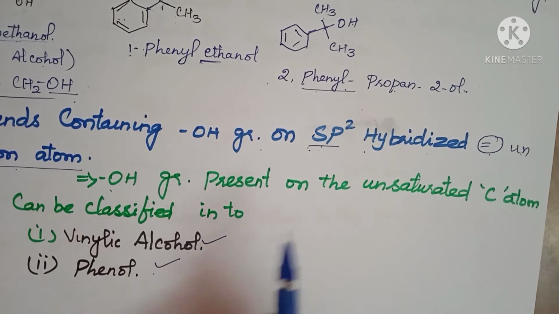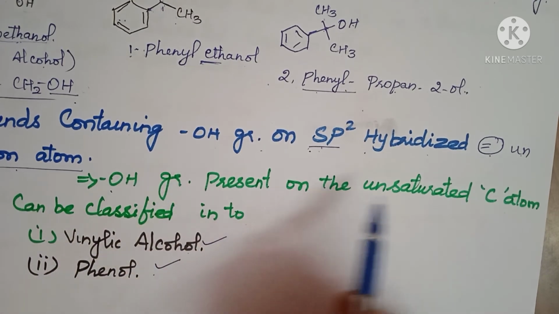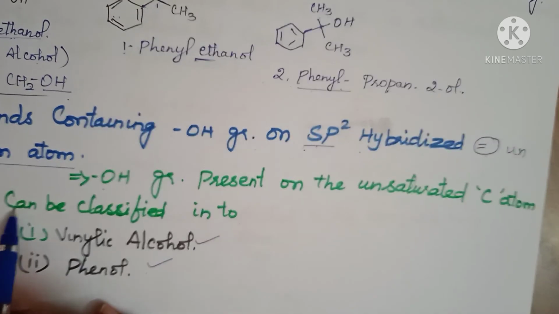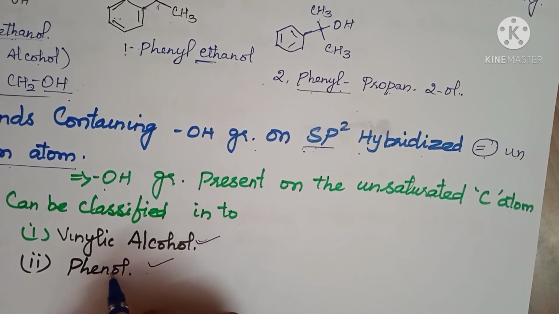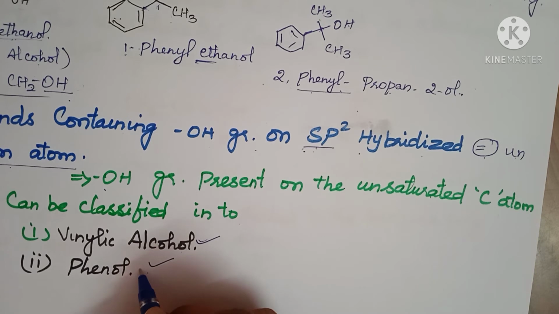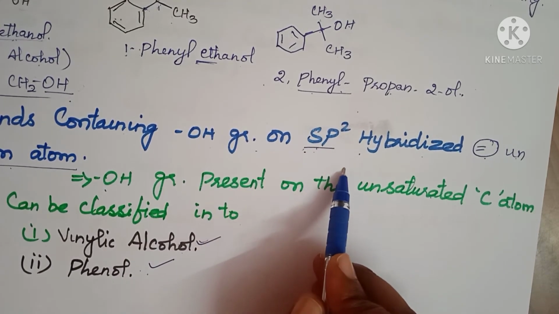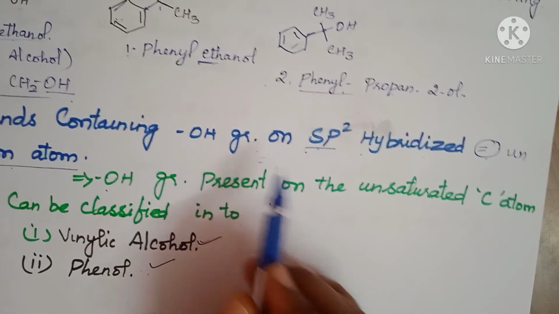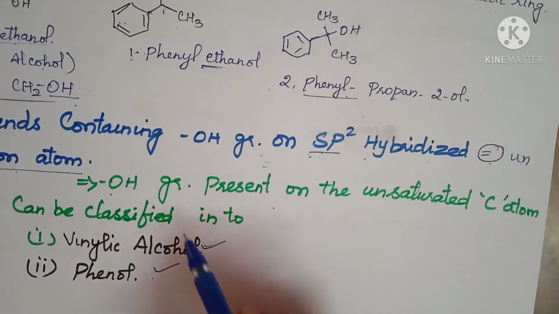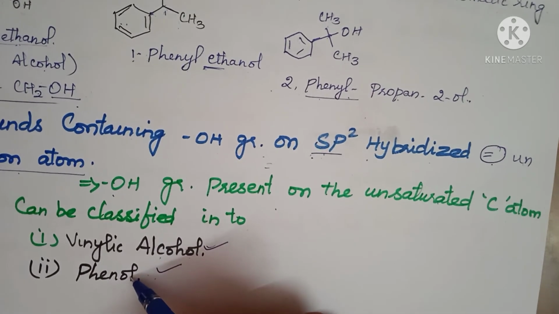So the OH group, you yourself can analyze that. The OH group is present on the unsaturated carbon atom. This can be classified as vinylic alcohol and phenol. So these are the two things belonging to sp2 hybridization. What are those categories? Vinylic alcohol and phenol.